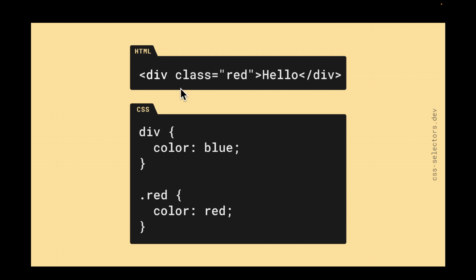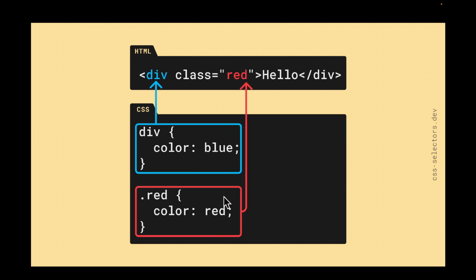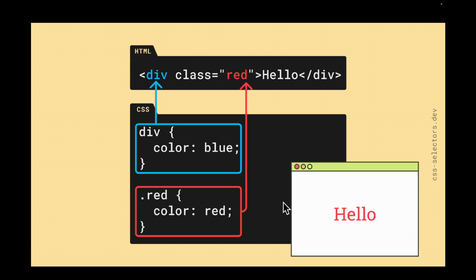In this case, we are trying to apply both blue and red color to the same div element. How should the browser decide which color to apply? Should it be blue or red? In this case, the font color of the div element will be red because the class selector has higher specificity than the type selector.